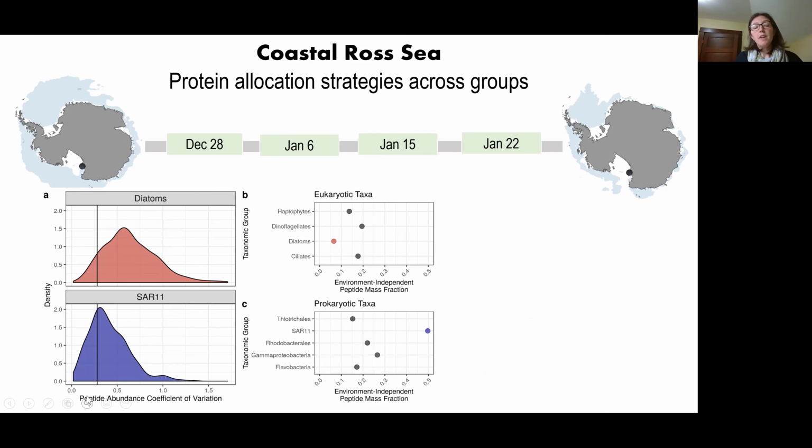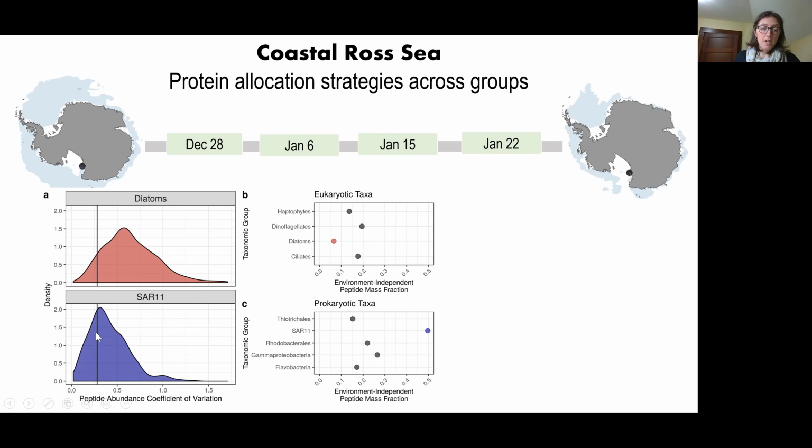So this is asking how much does each peptide change over this time course? If peptides have a low coefficient of variation, they don't change much. If they have a high coefficient of variation, they do change a lot. And what we can see here is that there are more proteins in diatoms that are changing a lot relative to SAR11, which do not have many proteins that are changing.